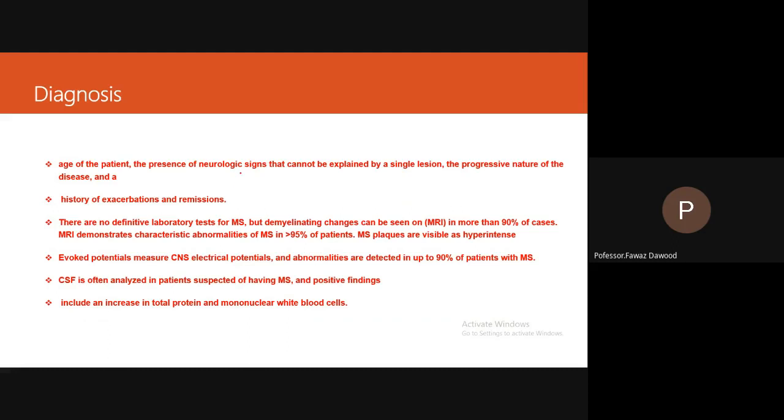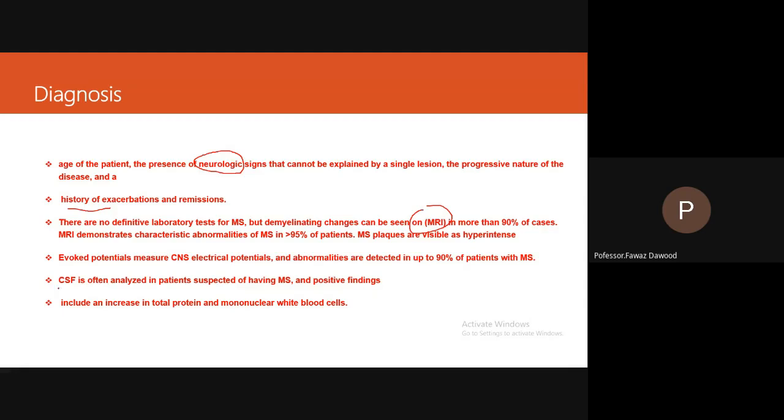Diagnosis depends on neurological signs, history, remission and flare-up. Actually, there is no laboratory investigation to confirm it, but they use an MRI, which sometimes demonstrates abnormality in 90% of these patients.